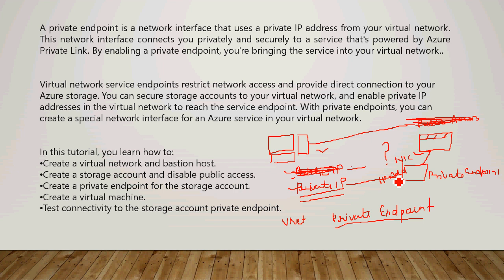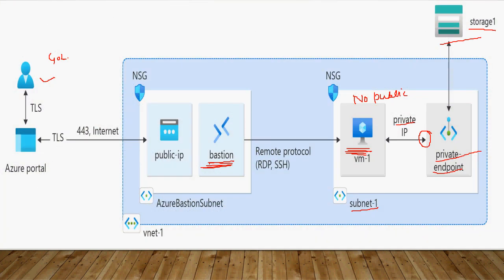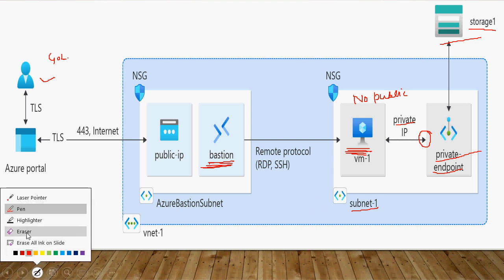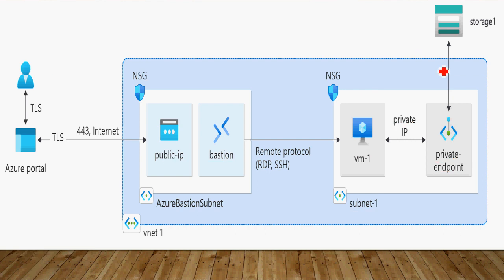So this is the main theory about the private endpoint. Let's assume one scenario or one example here. I'm just removing the old stuff so we can get a clear picture. Let's assume the same scenario. We create one storage account and we have one VM, right?